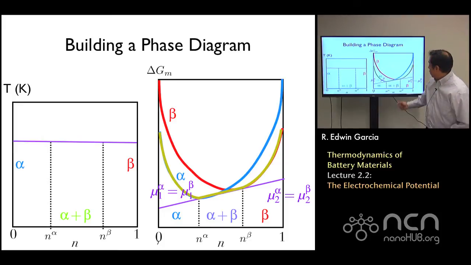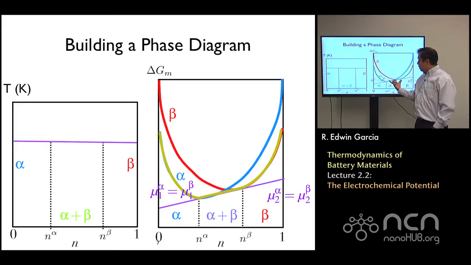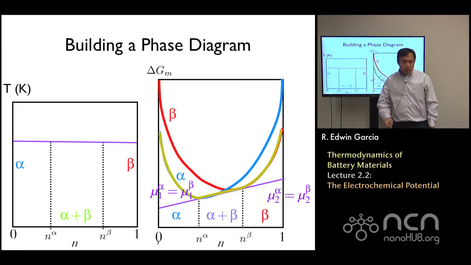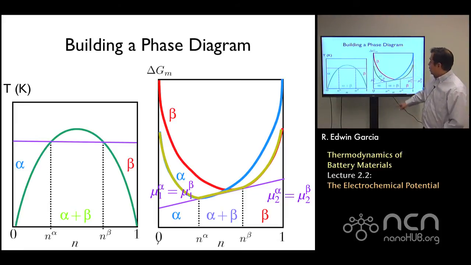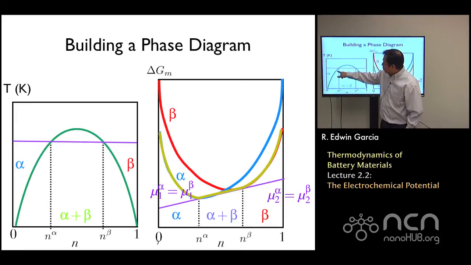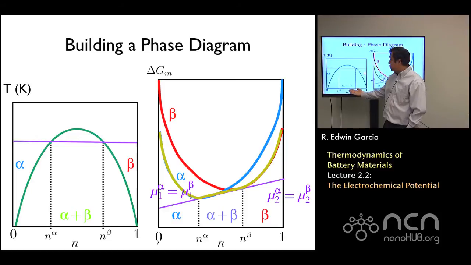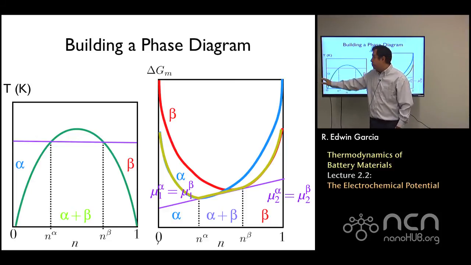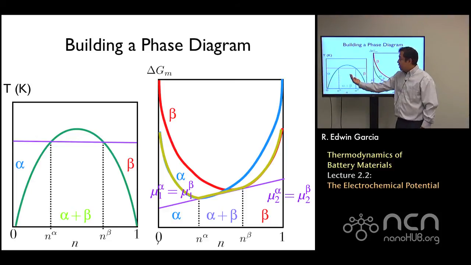If you map these two points directly into this map, what you get is a boundary of all those points where the phase alpha plus beta coexist, inside this area, outside of which only alpha will be stable, to the left of that, and to the right of that beta will be stable.